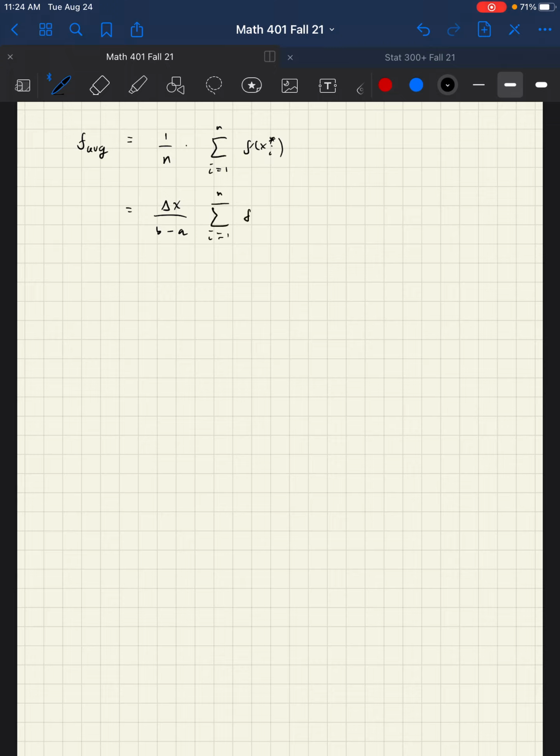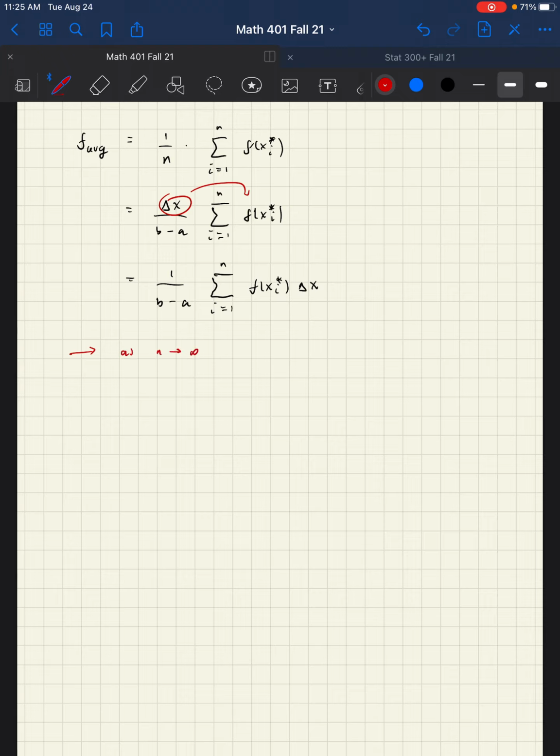Remember that 1 over n, we said that is the same thing as delta x over b minus a. And because delta x is constant, we can pull that inside the summation, which means we actually end up with 1 over b minus a and the sum of f of x sub i star delta x.